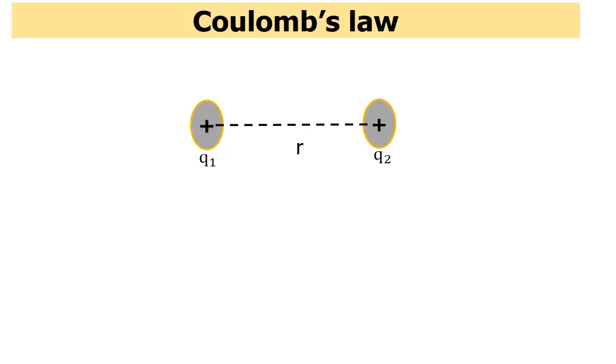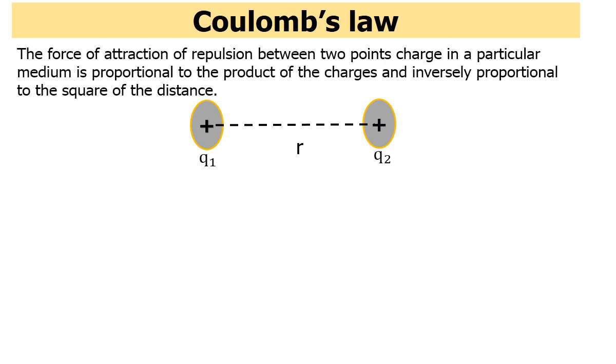Coulomb's law. Coulomb's law: the force of attraction and repulsion between two point charges in a particular medium is proportional to the product of the charges and inversely proportional to the square of the distance between them. Here in the figure you can see the two charges, one is Q1, another is Q2, and the distance between the two charges is R. Those two charges are point charges, and according to Coulomb's law the force acting between the two charges, which is F, is proportional to the product of the charges.